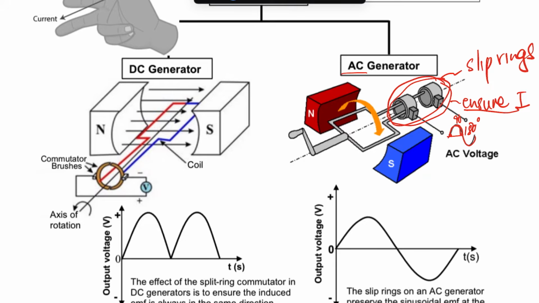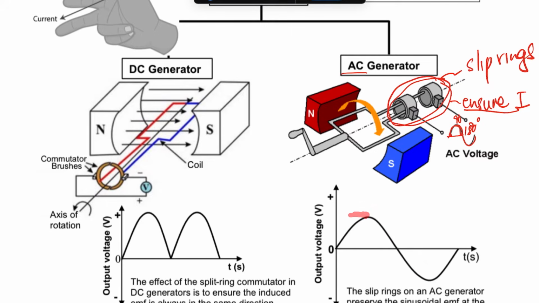In an AC generator, this is the graph of the voltage that is produced. It starts at 0 voltage, then reaches the maximum voltage the generator produces, then goes back to 0, then to negative maximum, and then 0.